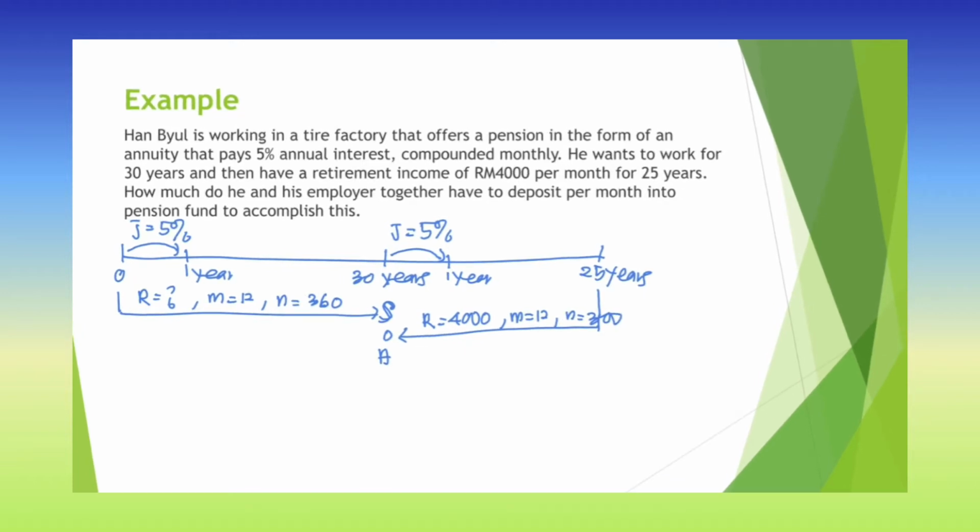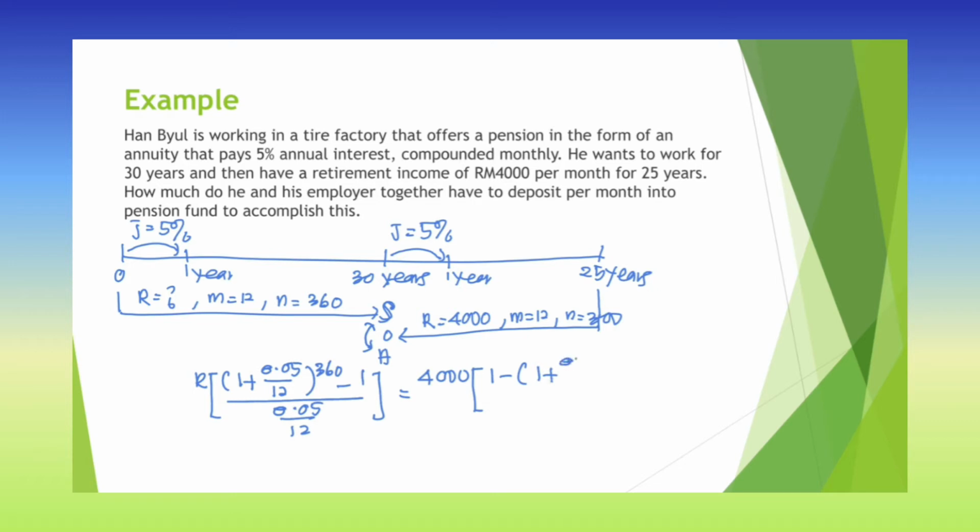Since S equal to A, therefore, the formula for S is R times 1 plus I, 0.05 compounded monthly over 12 to the power of 360 minus 1 over 0.05 over 12 equal to A, 4,000 times 1 minus 1 plus 0.05 over 12 to the power of negative 300 over 0.05 over 12.